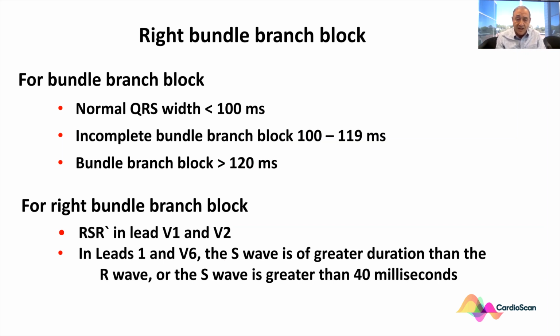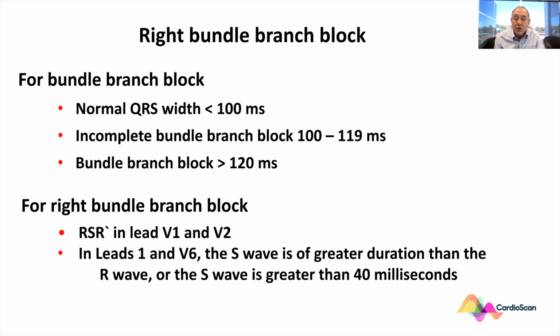We, of course, all know that. For right bundle branch block, the RSR prime is in leads V1 and V2. And in leads 1 and V6, the S wave is of greater duration than the R wave, or the S wave is greater than 40 milliseconds.